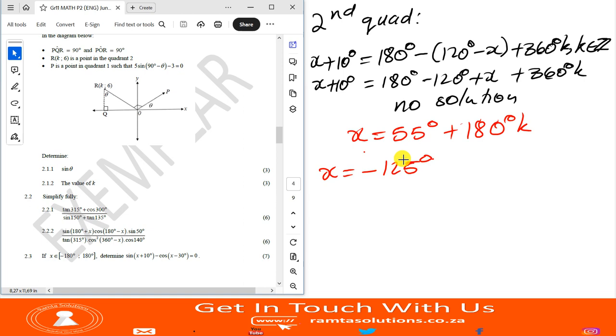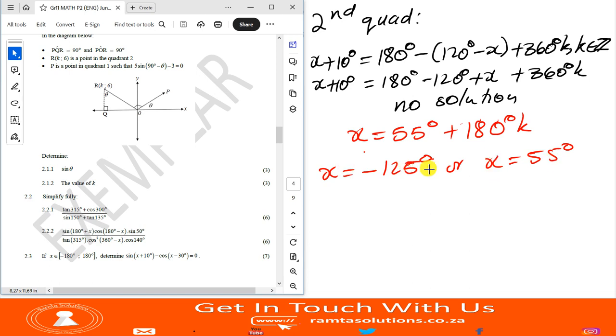Yes, it can be x equals negative 125. After negative 125, you have x equals 55, of course. Now, what happens when you add 55 to 180? Don't even bother, because it will be greater than 180. It will be 235. 235 is greater than this.